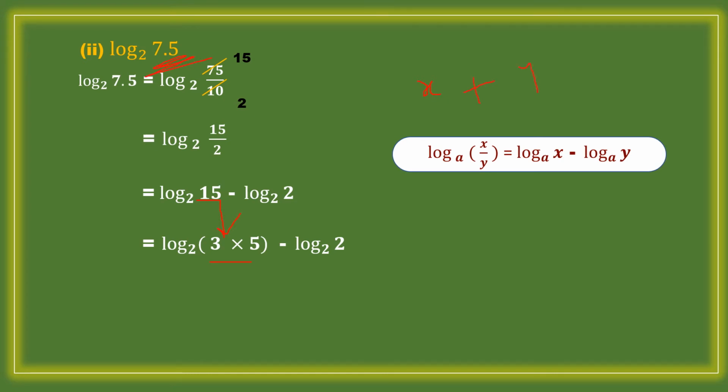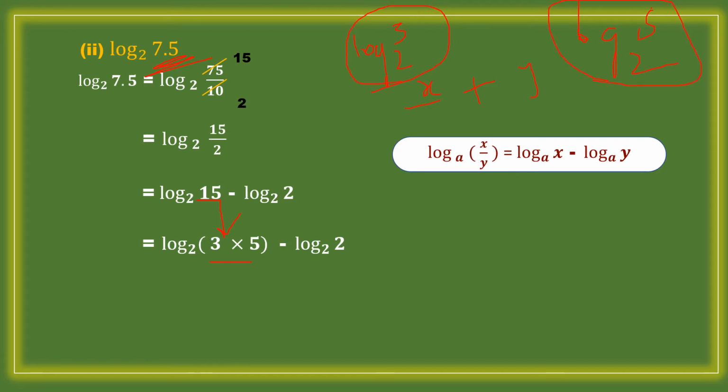He gave the data that x is log 3 base 2 and y is log 5 base 2, so you should get 3 base 2 as well as 5 base 2.